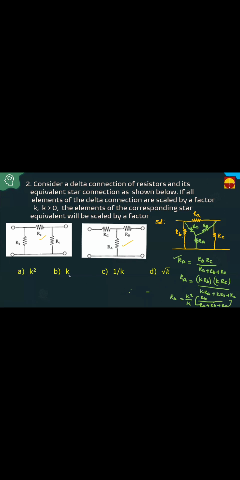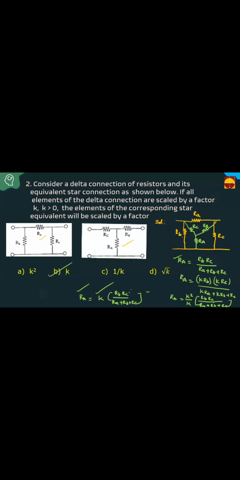If every element in the delta connection is scaled by a factor of k, in the star connection it becomes k times. Then RA equal to k into RB, RC by RA plus RB plus RC. That is, every element in the delta connection is scaled by a factor of k, and in the star connection it is scaled by a factor of k. The elements of the corresponding star equivalent will be scaled by a factor of k.